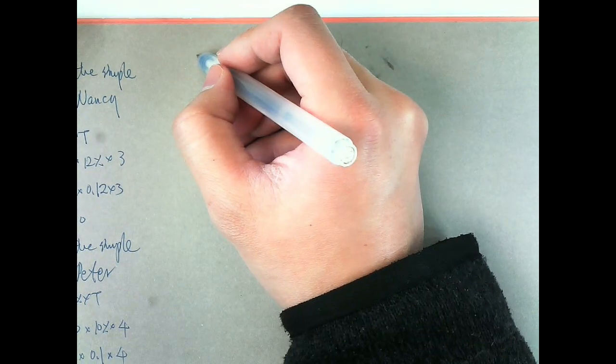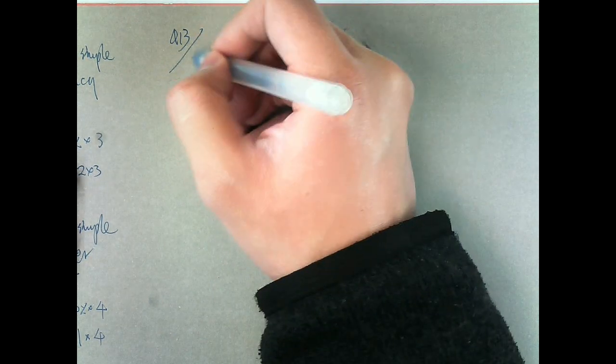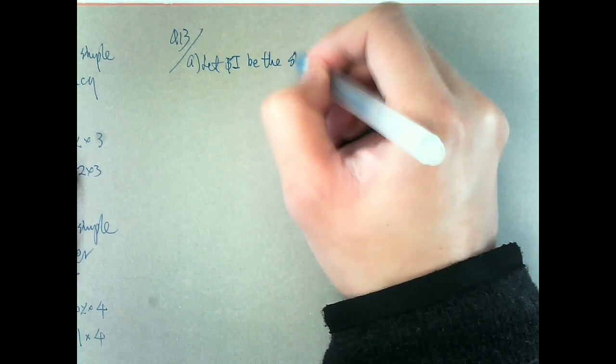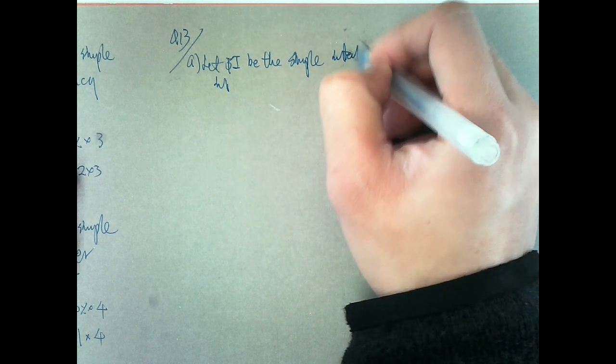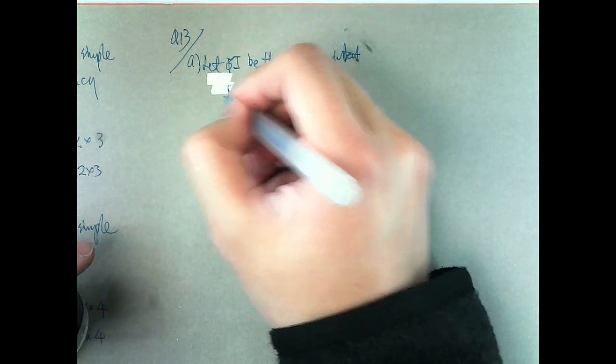Go to the question 13. Question 13. Okay. Fred deposit 80,000. This is the P, right? And then interest rate 4% is R% for 5 years. 5 years is a T. So part A, find the simple interest. Very easy, right? You can let I be the simple interest. So use the I formula.